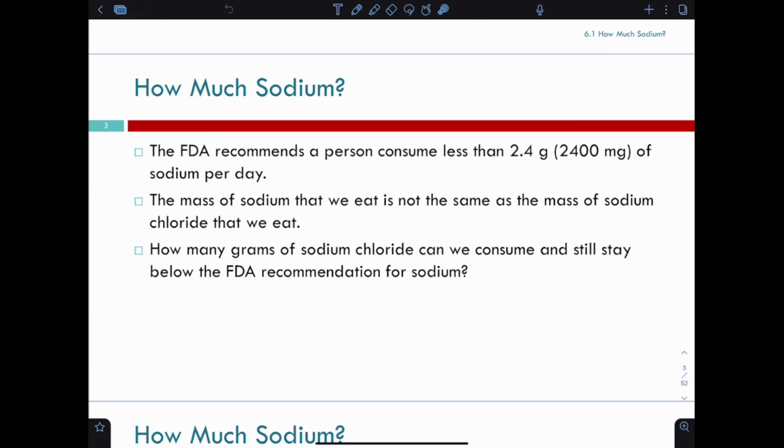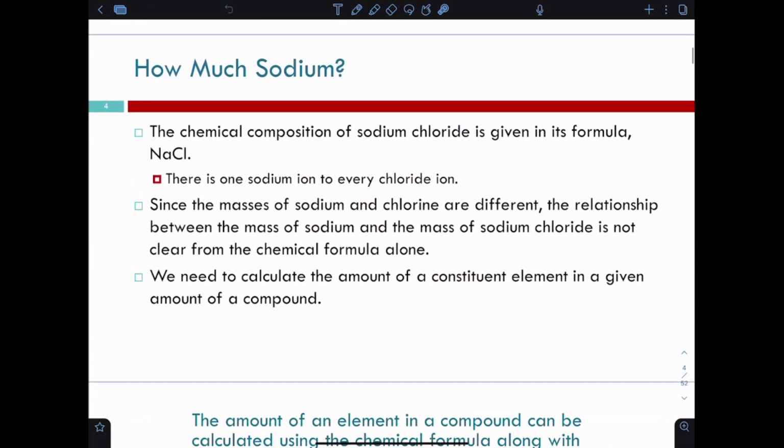Table salt is sodium chloride; it has sodium and it has chlorine in it. So how many grams of sodium chloride can we consume a day and still stay below that FDA recommendation for sodium? That's the question we're seeking to answer in the first part of this chapter. The chemical composition of sodium chloride is NaCl, so we have one sodium ion to every chloride ion.